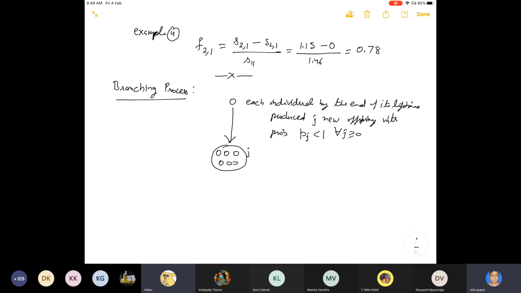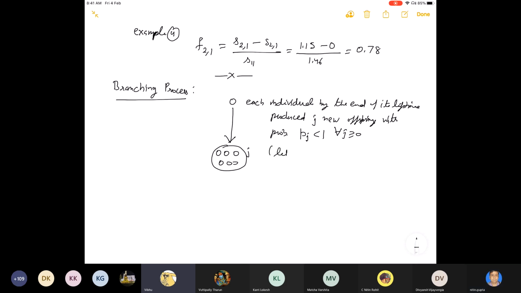So each individual acts independently of the number produced by the other individuals. Some other individual is also there, so it is producing offspring independent of the other individual.